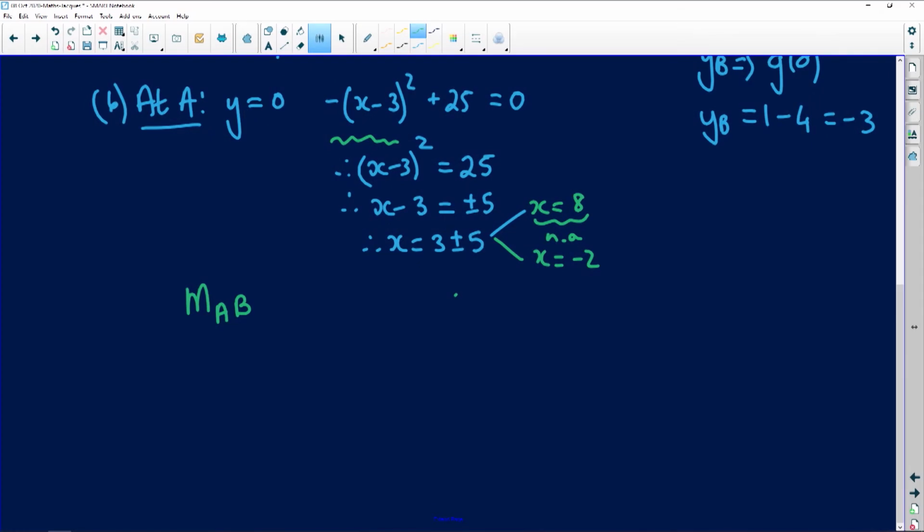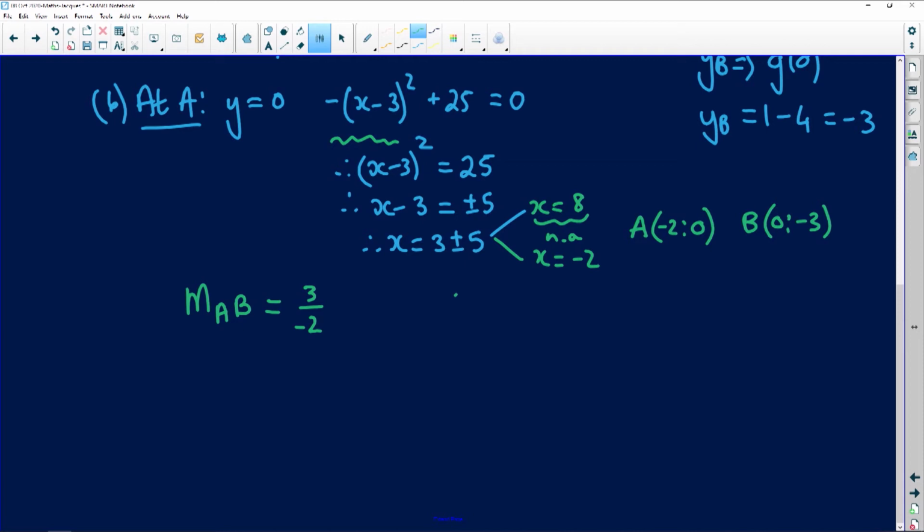Okay, we've got point A and we have point B. Let's just write them down here. A is the point minus 2 and 0, and B was the point 0 and negative 3. So if I want to use that for the gradient, let's start here. 0 minus minus 3 is plus 3. Minus 2 minus 0 is minus 2.